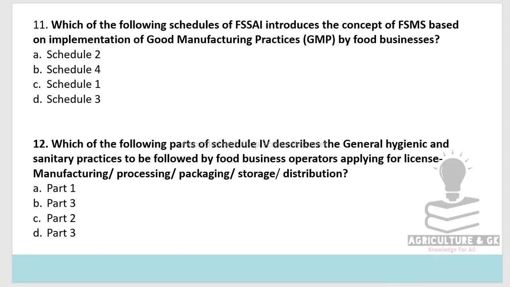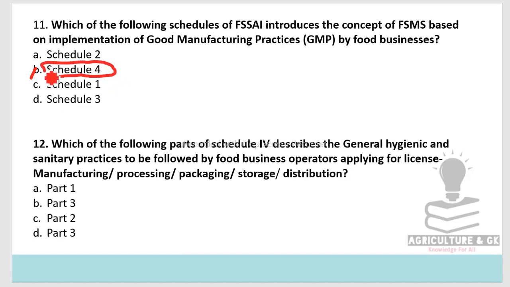Schedule 2, Schedule 4, Schedule 1, Schedule 3. So Schedule 4 introduces the concept of FSMS based on implementation of good manufacturing practices by food businesses. So which is the right answer? It is option B, Schedule 4.